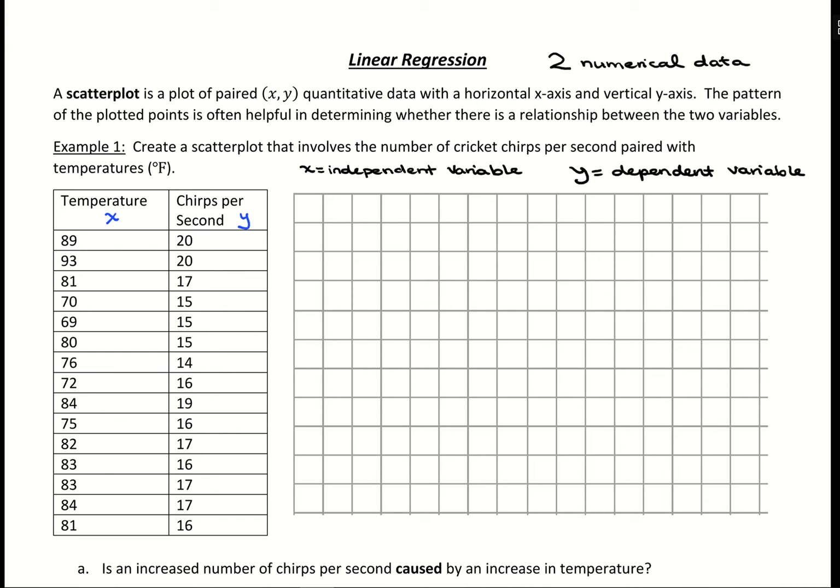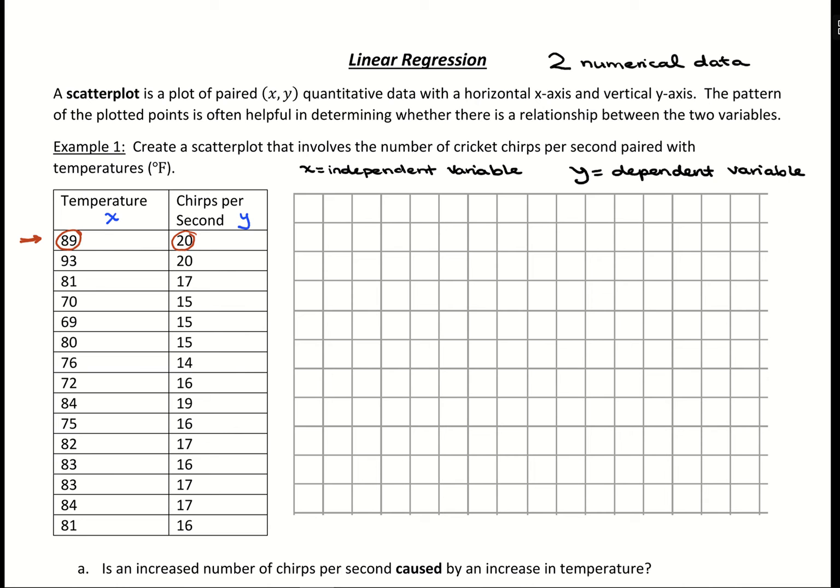So creating a scatter plot, what we do is we have this data, and what's key is that when we look at this data, it is lined up across the row, and it's coming from a single observation. So what this first row tells me is that they recorded a temperature of 89 degrees Fahrenheit, and at that time, they recorded 20 chirps per second. So those two data values go together.